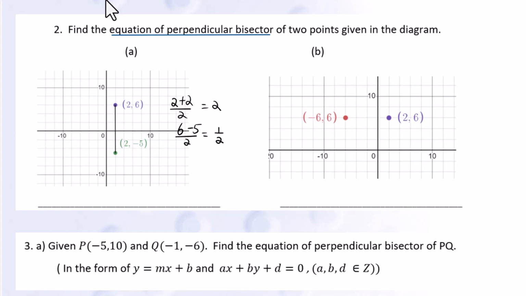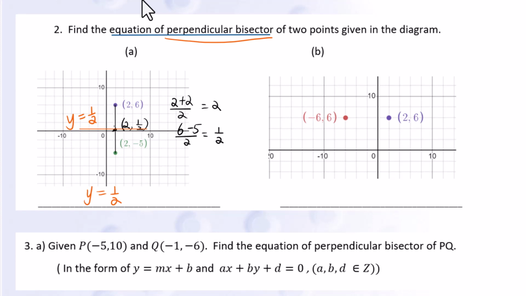So we get the midpoint is 2, 1/2. Then we need to draw a horizontal line passing through this point. So y equals 1/2 is the equation of the perpendicular bisector.